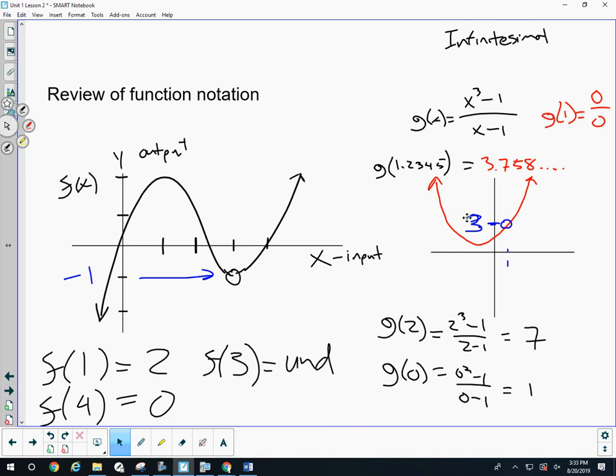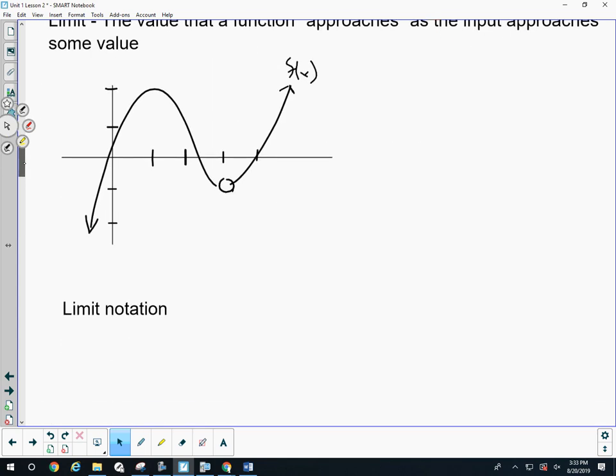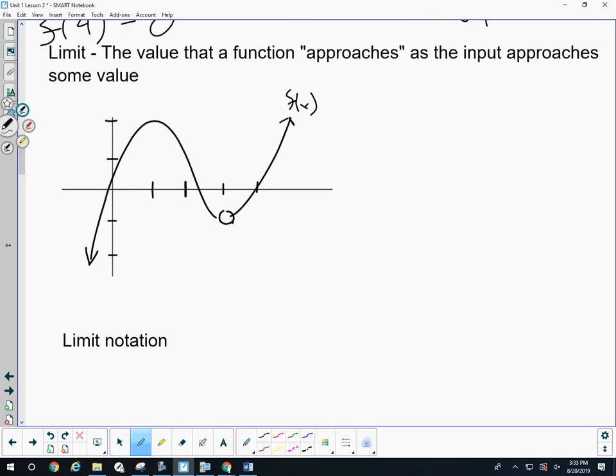We call what we just did a limit. For f, we said as x approaches 3, I'm going to use this arrow to say approaches, f of x approached -1.